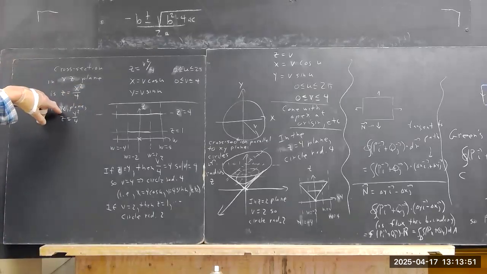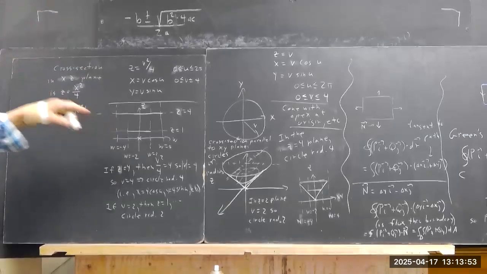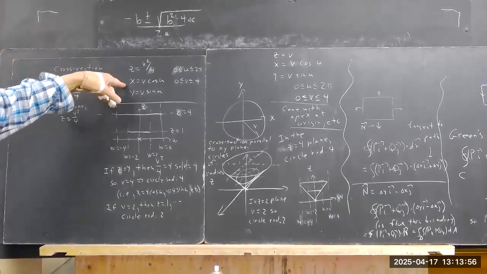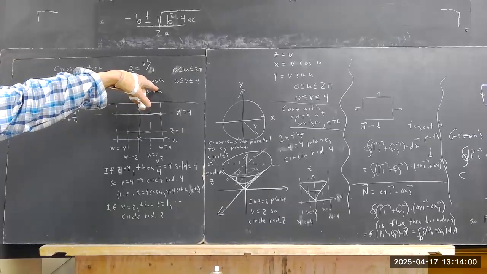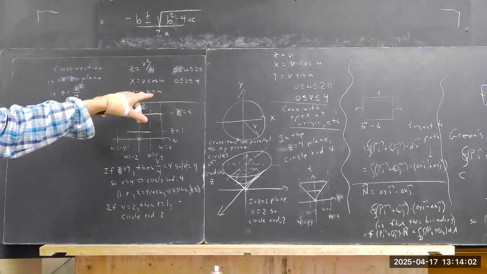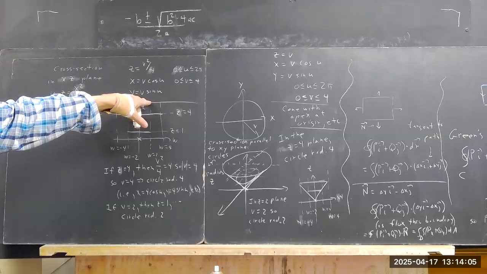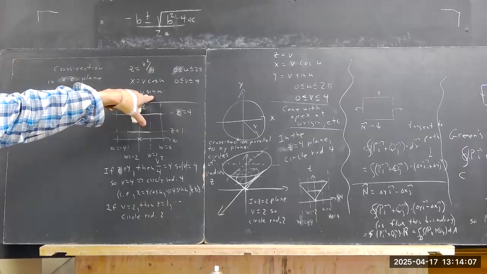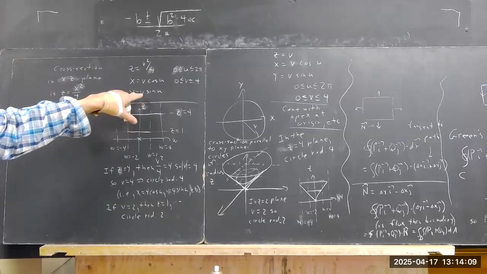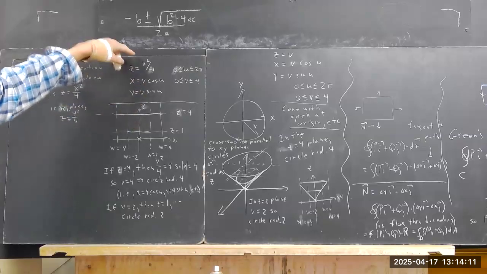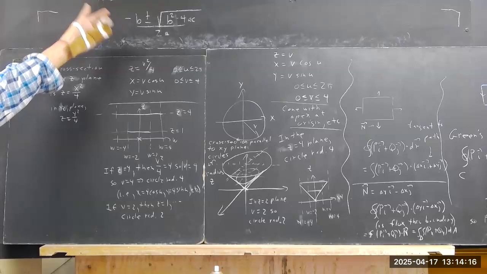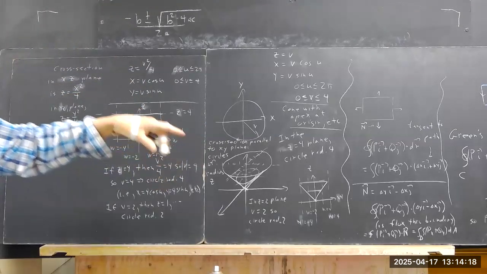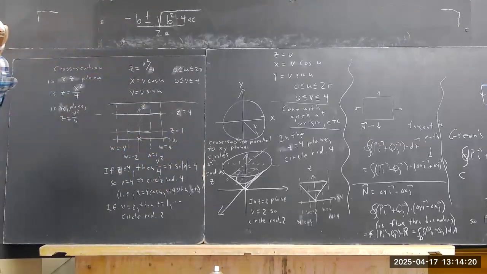So in the YZ plane, that means X equals 0, which means the cosine of U is 0, which means that the sine of U is either 1 or negative 1. In either case, Y is either equal to V or negative V, and V squared over 4 doesn't care whether it's positive or negative. To get Z equals V squared over 4 again.